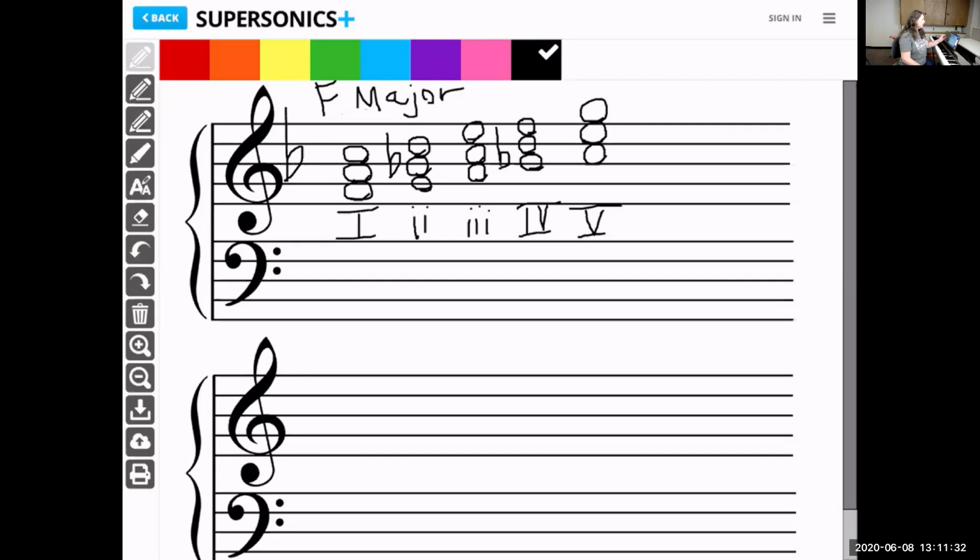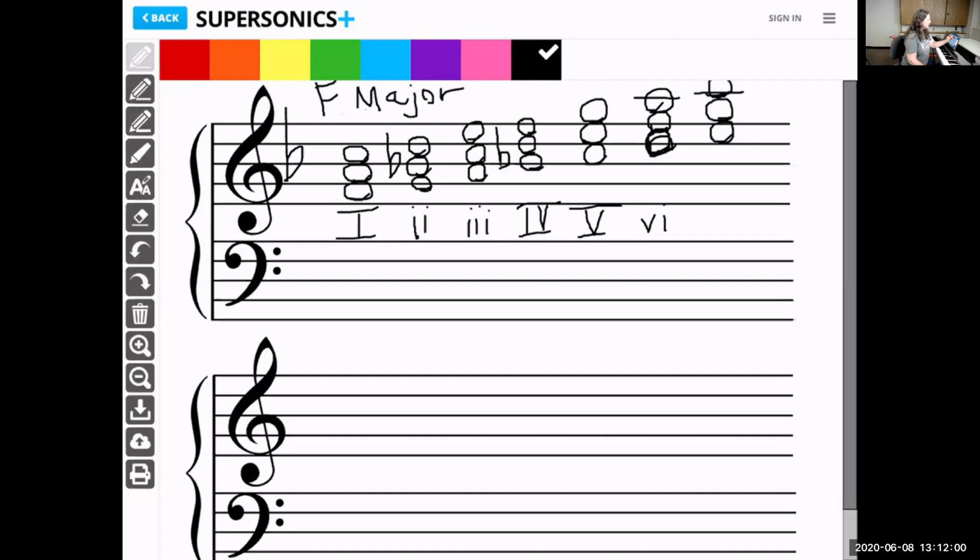Now to finish this out, we're going to have D, F, and A here. Doesn't exactly look like a snowman. We'll make that a little better. That is the 6 chord, and it's D minor. You can hear that, D minor. The 7 chord has the B flat.